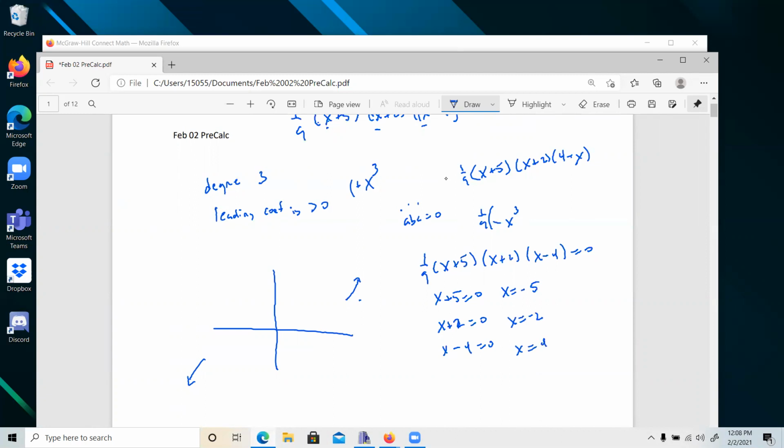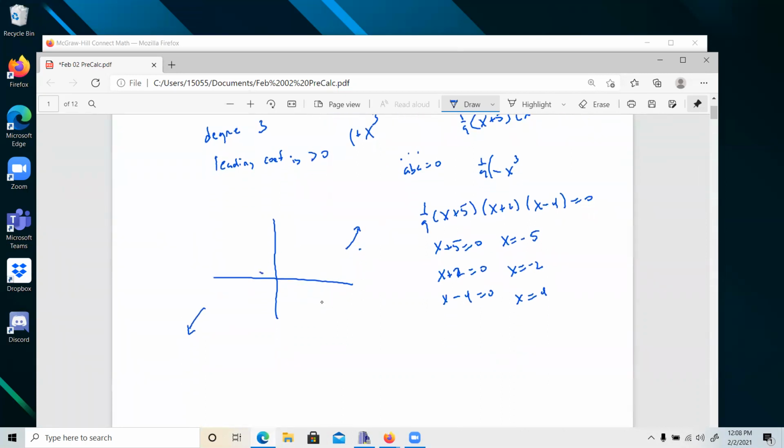So again, x equals -5, x equals -2, and x equals 4. Now, do you remember talking about the powers of each of these factors? If these were odd powers, then the graph went through the 0.